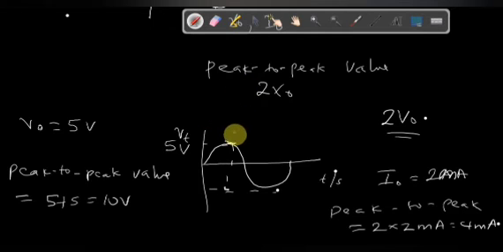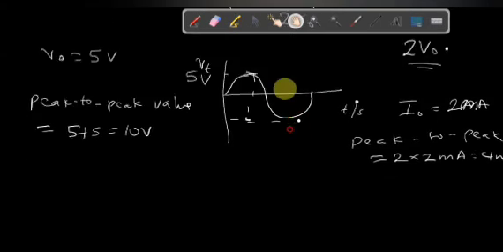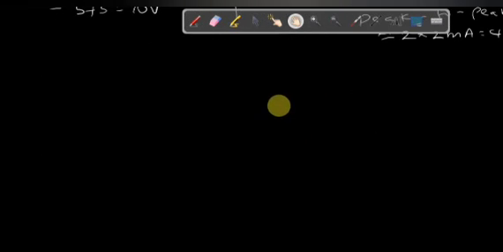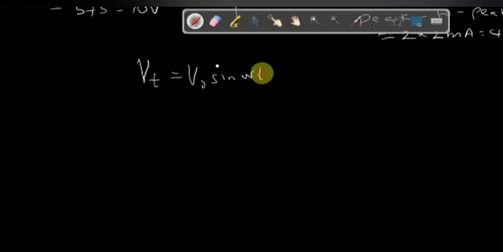Next, we're going to look at some terminologies. Like we said from the beginning, the instantaneous voltage at any given time is equal to V0 sine omega t, and I(t) is equal to I0 sine omega t.